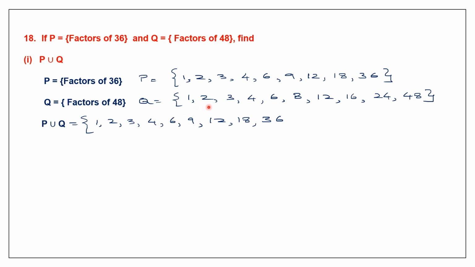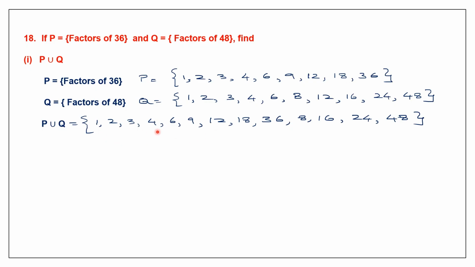So 1 is already there, 2 is there, 3 is there, 4, 6. Now 8 is not there. So let's write 8. Then next one is 12, which is already there. Now 16 is not there. So let's add 16. 24 is not there, so we'll add 24 and 48. So these are the elements of set P union Q.